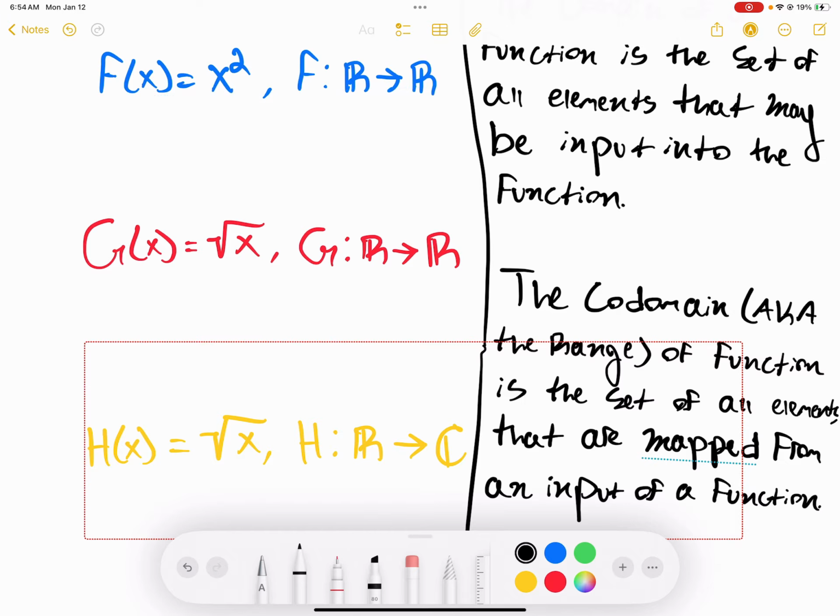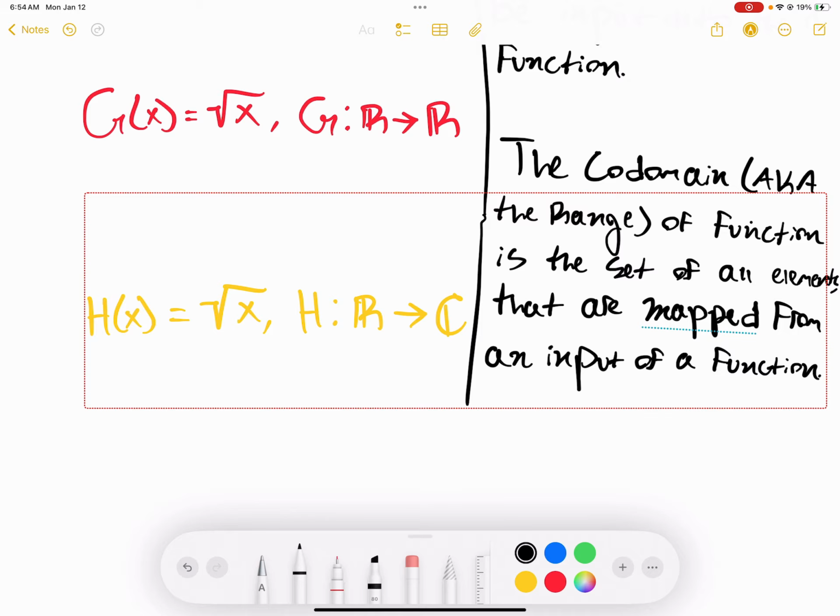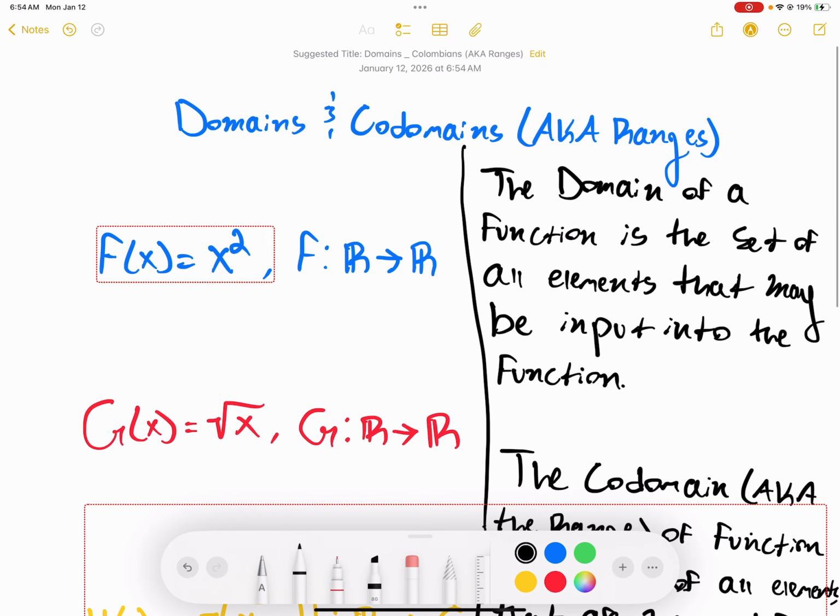Another way of saying this is the set of all outputs. So I could have said that too. Now, those are the definitions.